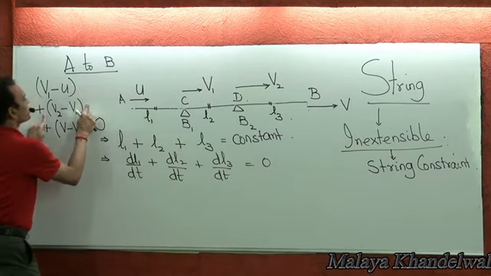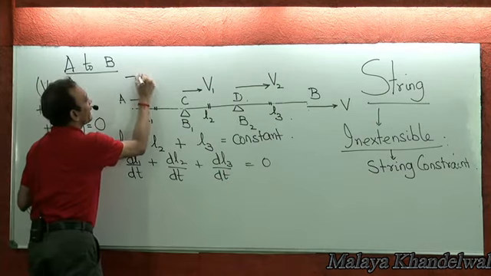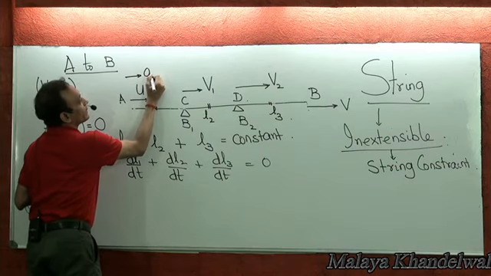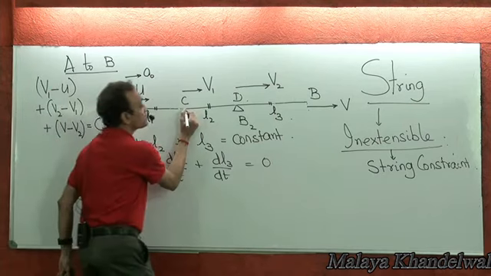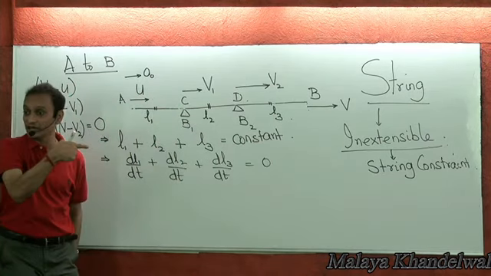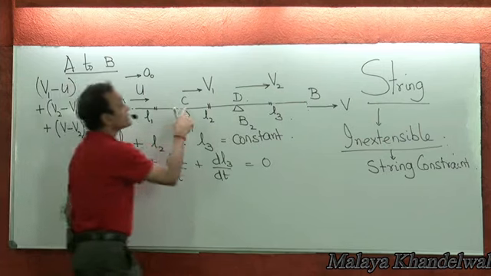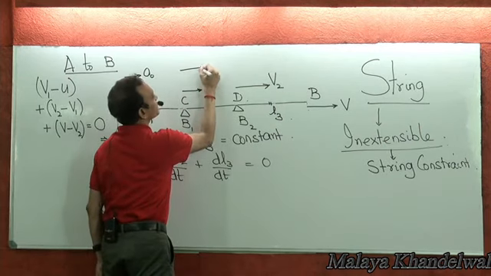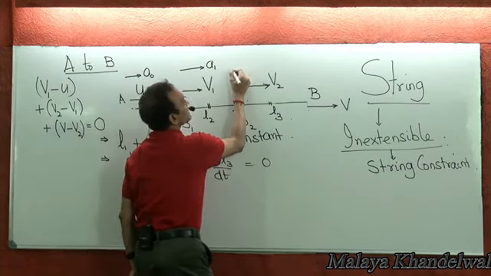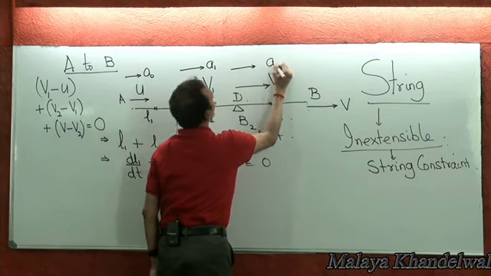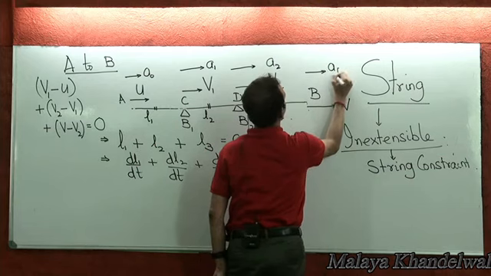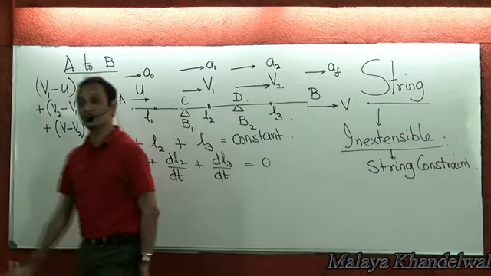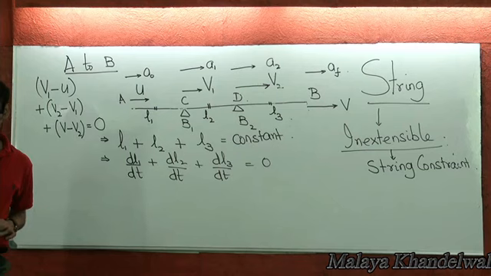Suppose the acceleration of the end A is A naught, the acceleration of C. See, these points could also be accelerated, A, C, D, etc., right? Suppose C has an acceleration A1, D has an acceleration a2 and B has an acceleration af. These are the accelerations of various points. Yes or no?